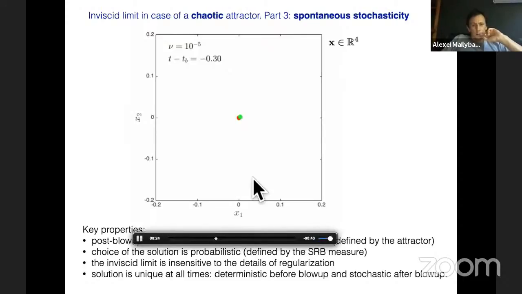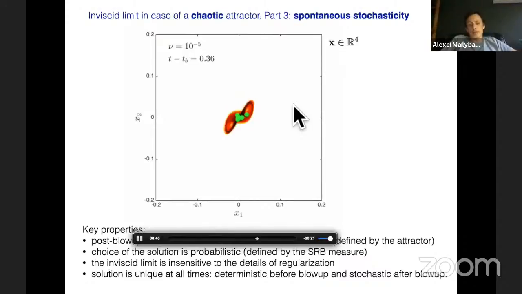So it's coming closer. It decelerates because it's a power law. But eventually it comes to the singularity. Then we have a very, very small region where it is regularized, and it's already enough to completely randomize the future, despite the dynamics.